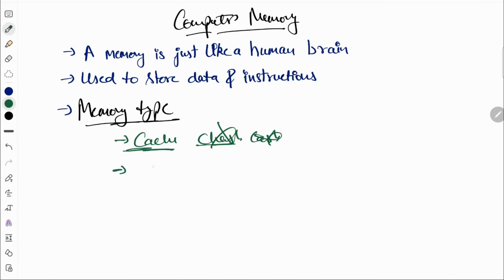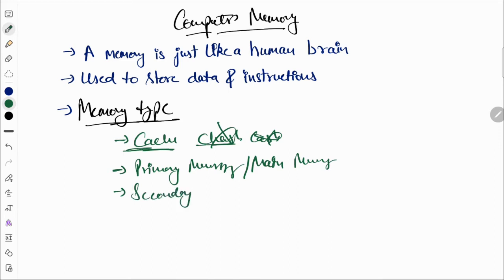Second one is primary memory or main memory. And third one is secondary memory. We will talk about this in later videos.